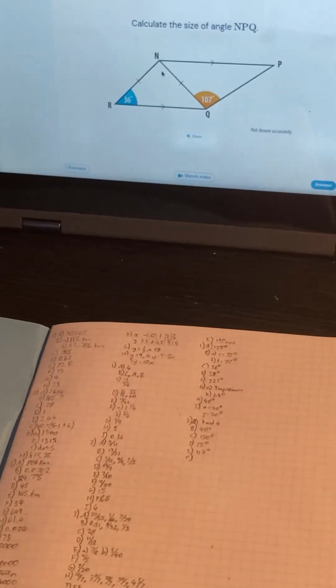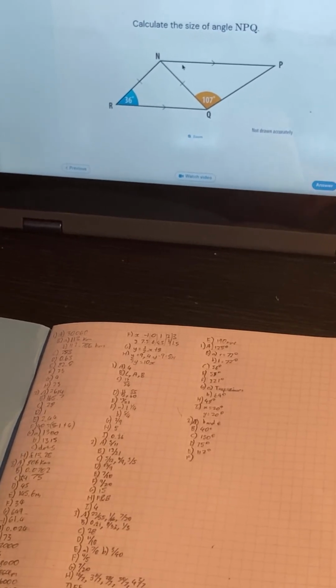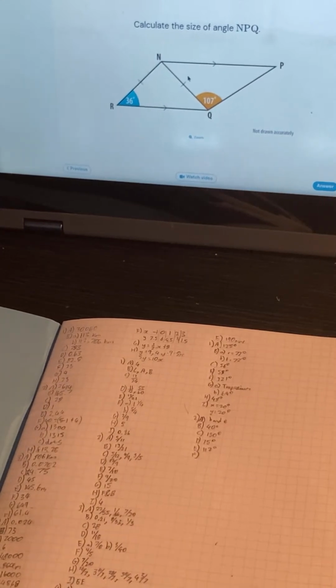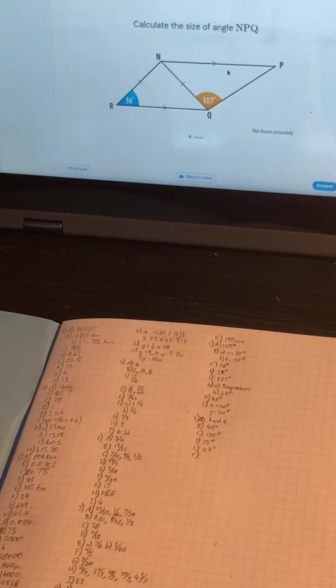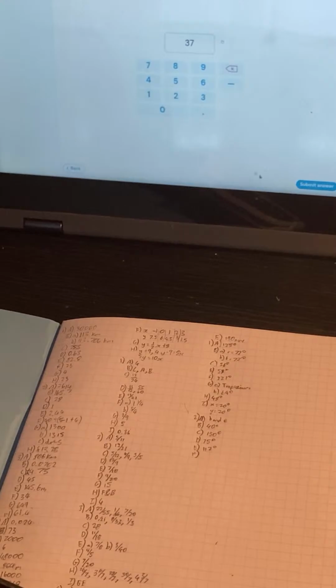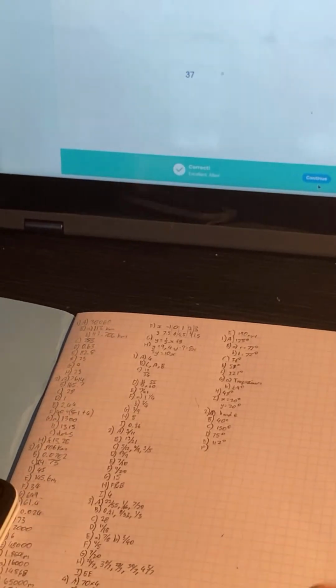Oh, and then we can figure out that. So you get that co-interior angle, 144. Subtract that, which gives us that angle, which gives us that. 37. Oh, 1 degree more than the opposite side of the parallelogram.